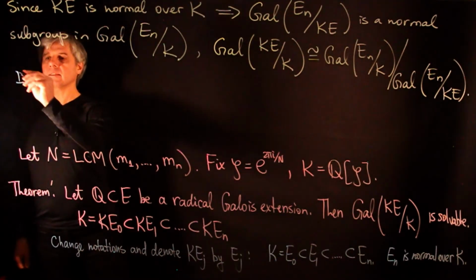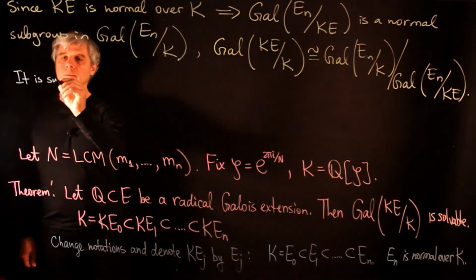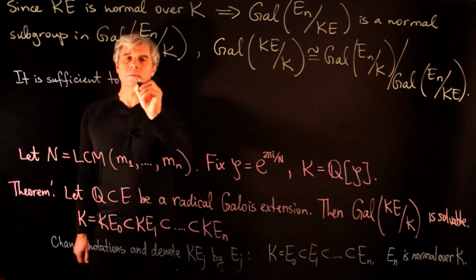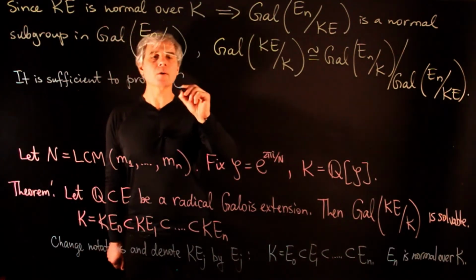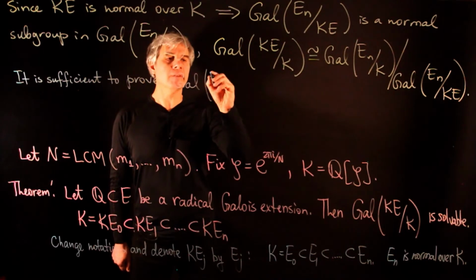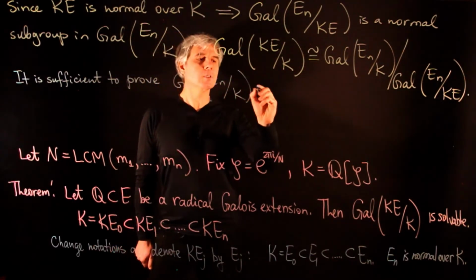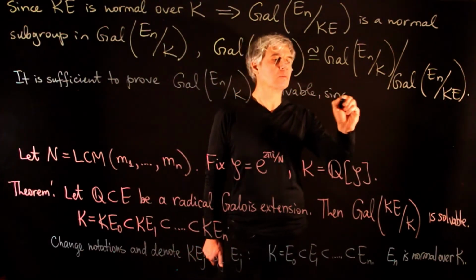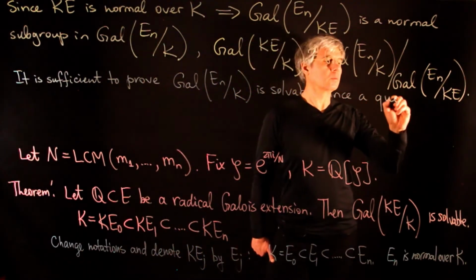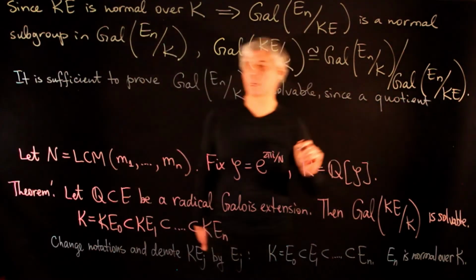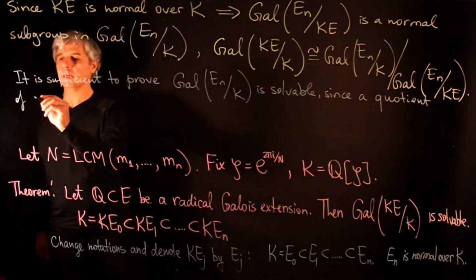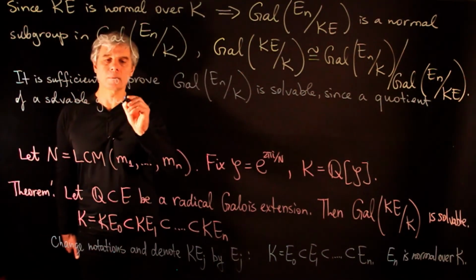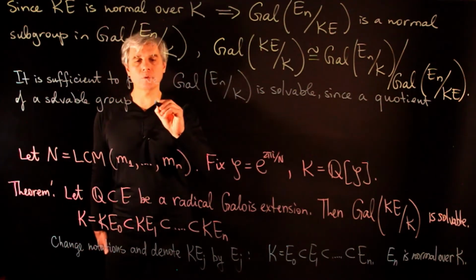Now we see that it is sufficient to prove that the Galois group of En over K is solvable, since a quotient of a solvable group is again solvable.